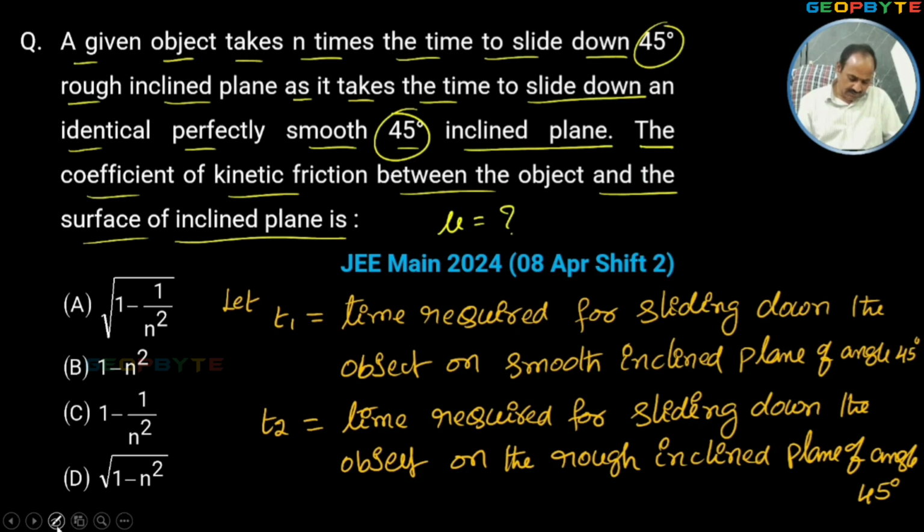And the condition given is that the time required for sliding down on the rough plane is n times the time required for sliding down on the smooth plane. For that, first let us take the smooth inclined plane.